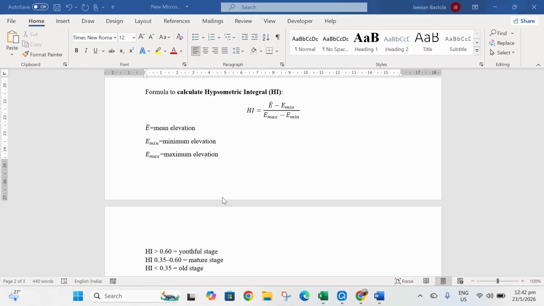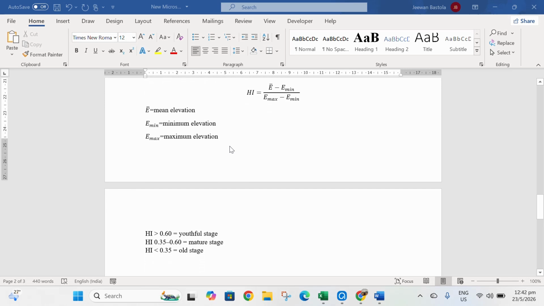So here is the formula to calculate the hypsometric integral: HI equals E mean minus E min divided by E max minus E min. Here E with the bar overhead represents mean elevation, E min is minimum elevation, and E max is maximum elevation.